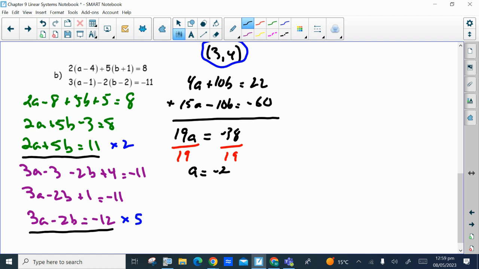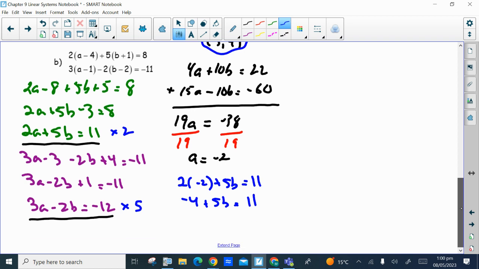To find out what b is, I'm going to take that value of a and plug it into one of the simplified equations that I came up with. I'm going to use the first one, 2a plus 5b equals 11. So negative 4 plus 5b equals 11.